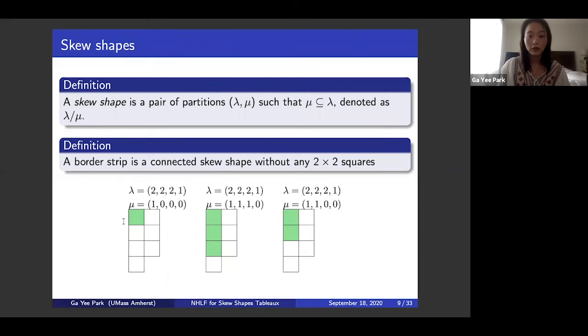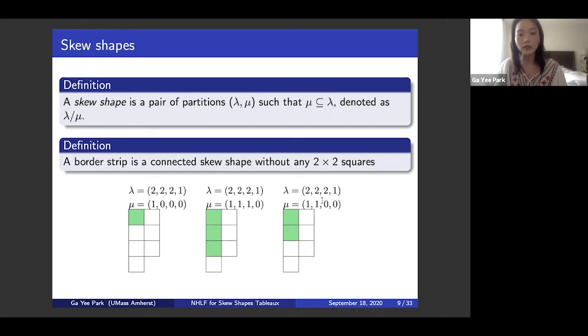So there are 3 examples here of skew shapes. Lambda is 2, 2, 2, 1 as before. In the first example, mu is just 1, so you just take away this corner. I colored it in green, but you can treat it as if it's not there. For the second example, mu is 1, 1, 1, and as you can see, it can be disconnected. It's fine. And for the third one, mu is 1, 1.